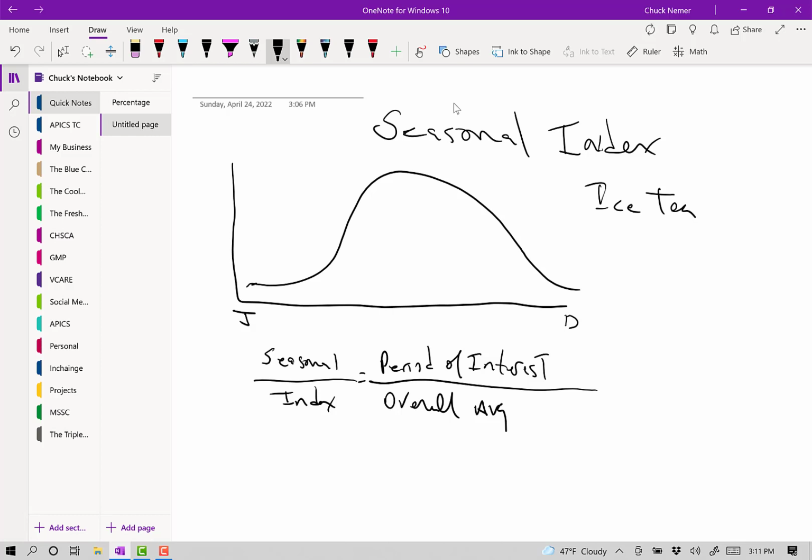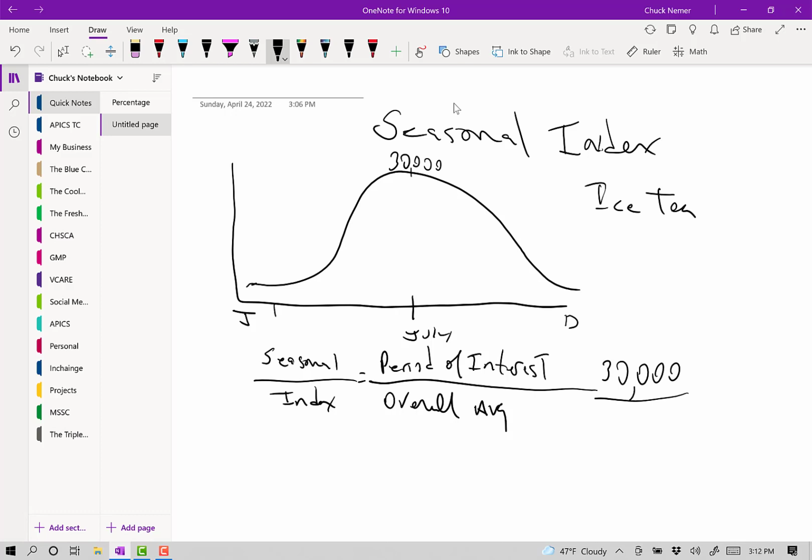Let's say it's July, and in July we sell 30,000 gallons of iced tea. We're going to compare that to the overall average for the 12 months.